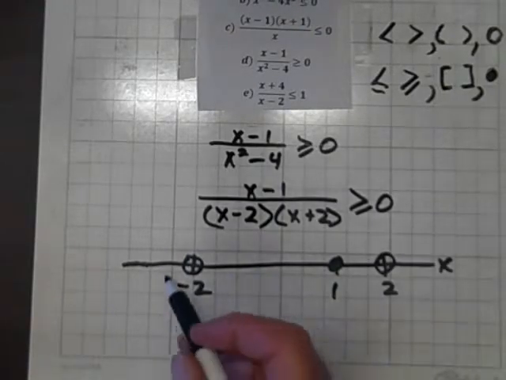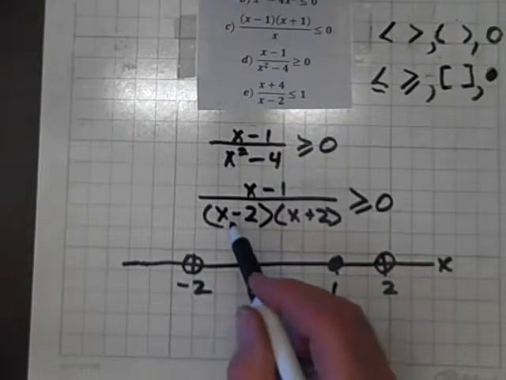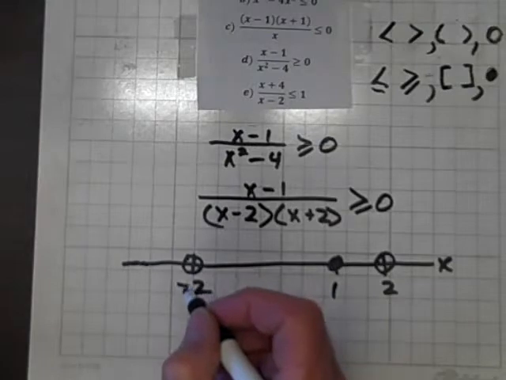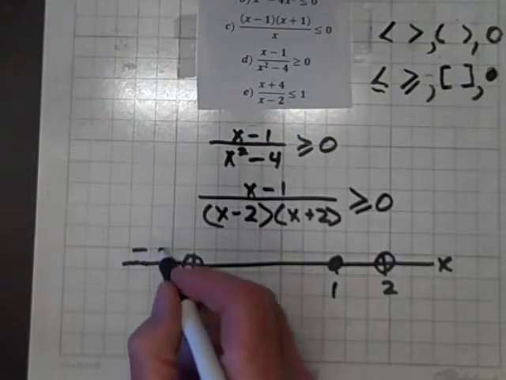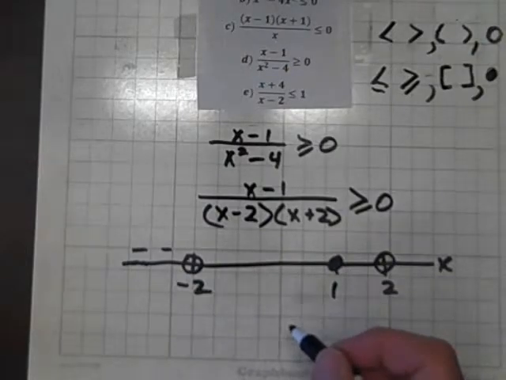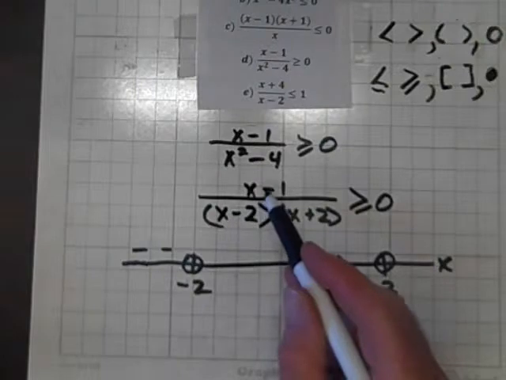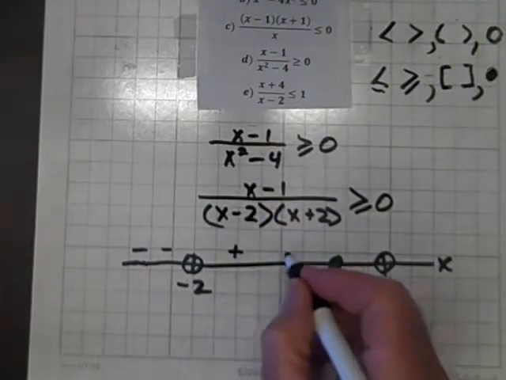Now we're ready to sign our graph. If we let x be something like negative 10, replacing x with negative 10, we'll have the quotient of an odd number of negatives, which is negative. If we let x be something like 0, we'll have the quotient of an even number of negatives, which will be positive.